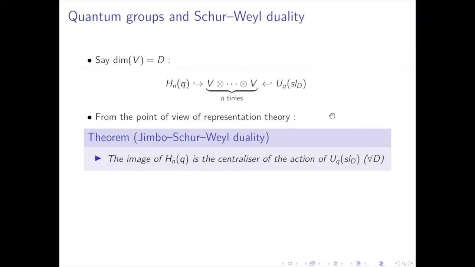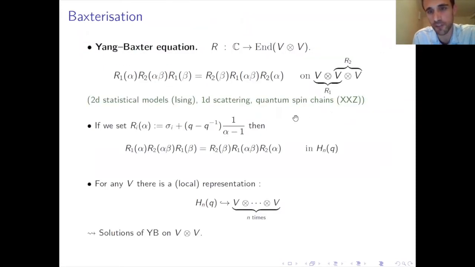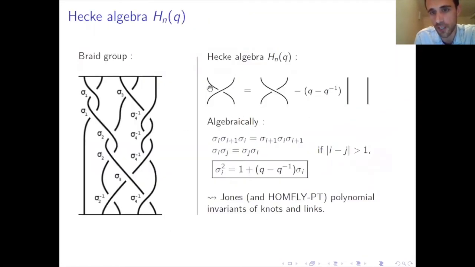Exactly. Could I just follow up with a mini question that was left over from earlier on? When you said that the Hecke algebra is a simplification of the braid group, did you mean a simplification of the braid group algebra? Exactly. Sorry about that. I can make this more precise. Of course, when we add this relation, we leave the realm of groups, right?